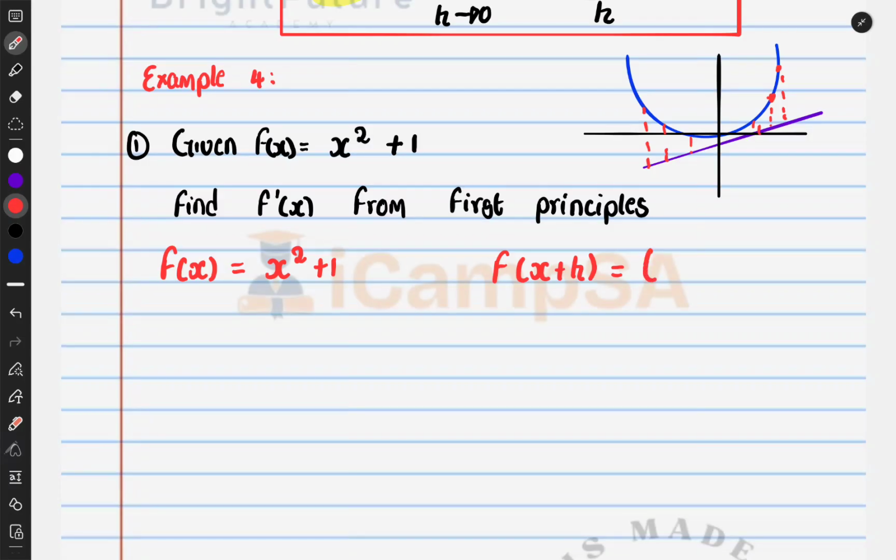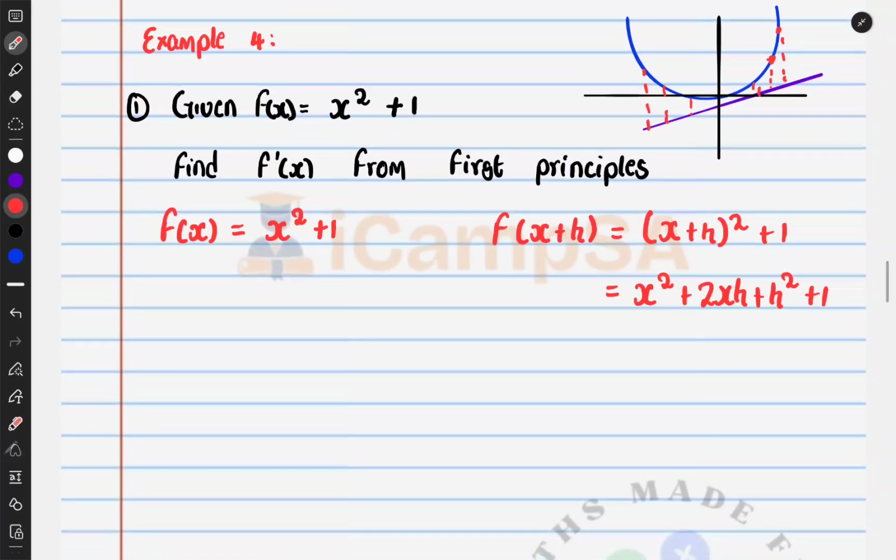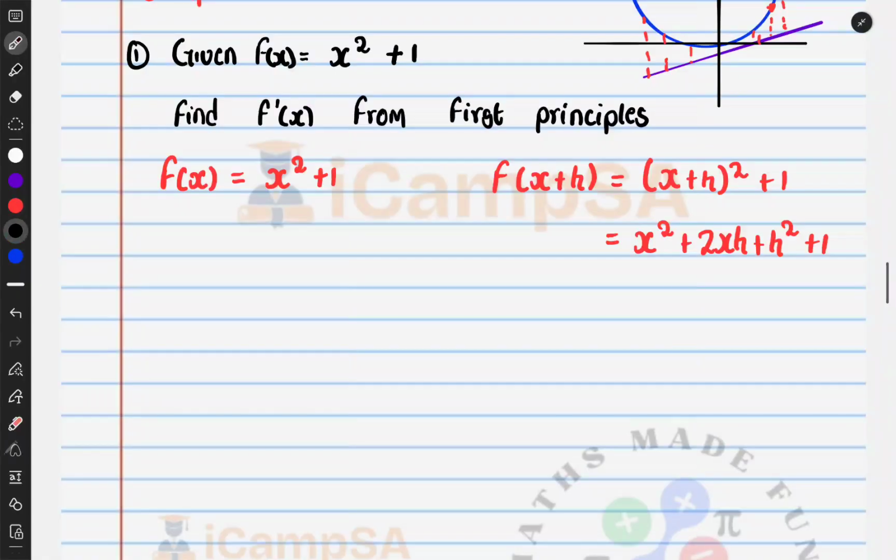So f at x plus h will be x plus h squared plus 1. Let's expand: we're going to have x squared plus 2xh plus h squared plus 1. Basically that is f at x plus h. Let's now find the derivative of this function, f prime x.